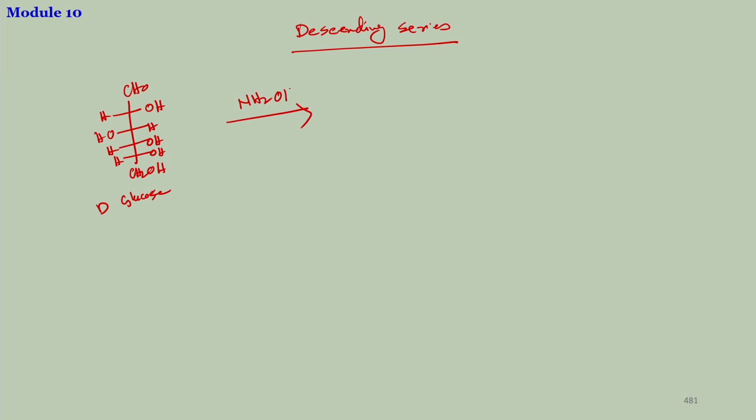If you treat this with hydroxylamine, then what do you get? This acts as a nucleophile. So, you will have CH, and then it basically liberates one molecule of water. It is a condensation reaction, right? Carbonyl with amine condensation is very popular.